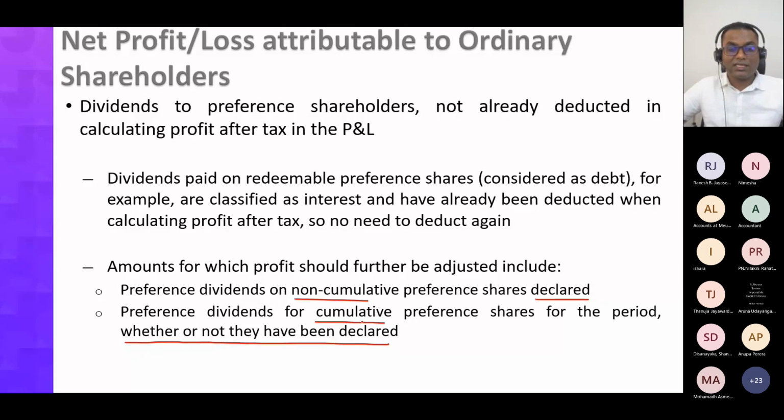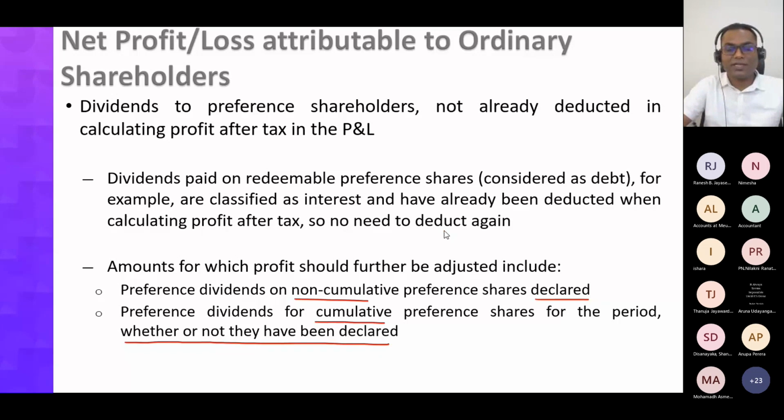Cumulative, whether it is declared or not, you need to deduct. Are we clear? On the other hand, the previous point says that dividend paid on the redeemable preference shares considered as debt, for example, are classified as interest and have already been deducted when computing the profit after tax. So no further deduction is required. I have explained, so you can go through what is there in the slides.